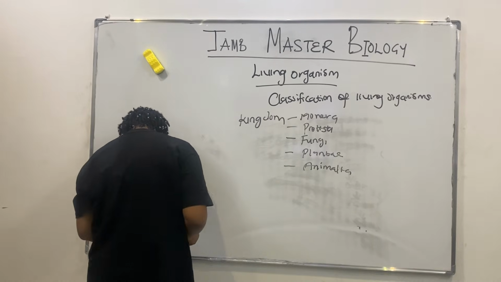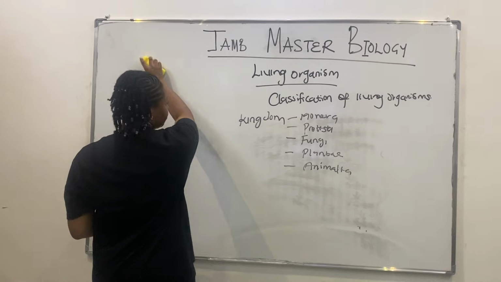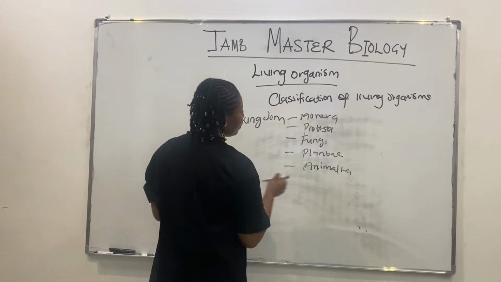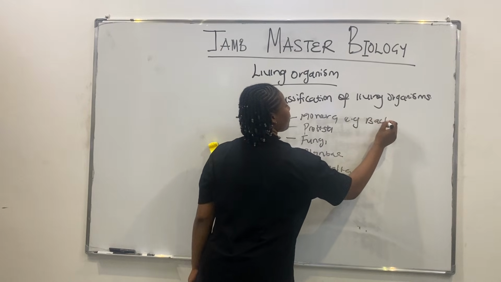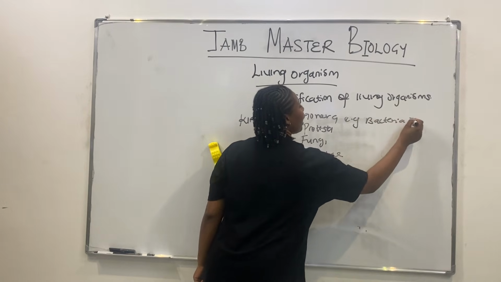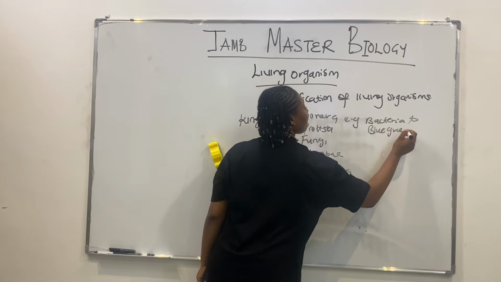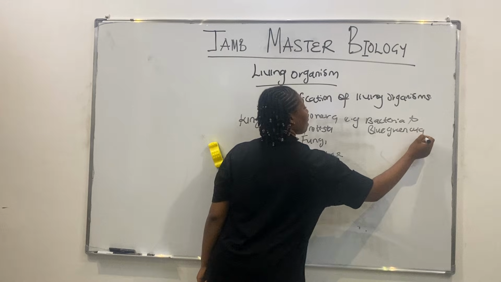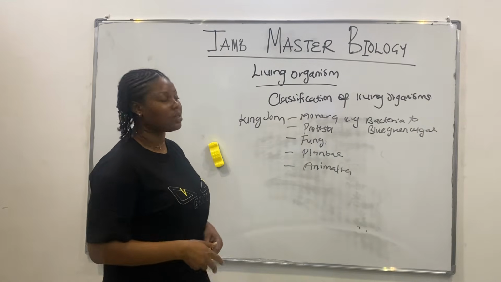We are going to begin with kingdom Monera. Examples of Monera we basically have are bacteria and blue-green algae. Now there is a cheat code for you to understand this.